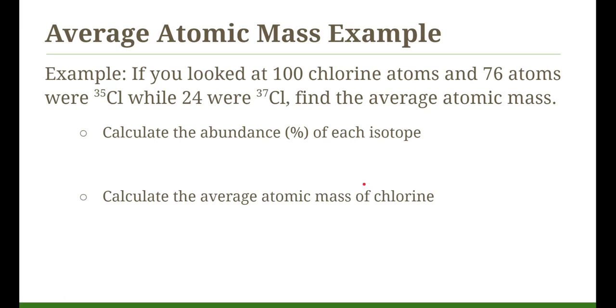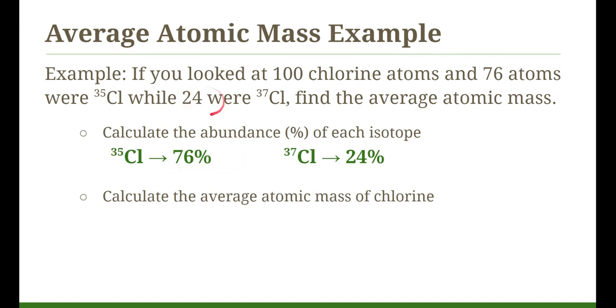So if we looked at 100 chlorine atoms and 76 of them were 35 chlorine, meaning that they had a mass number of 35, while 24 of them were 37 chlorine, find the average atomic mass. So what we need to do first is calculate the abundance. Because there were 76 out of 100 atoms of this first isotope, the percent abundance of that is 76%.